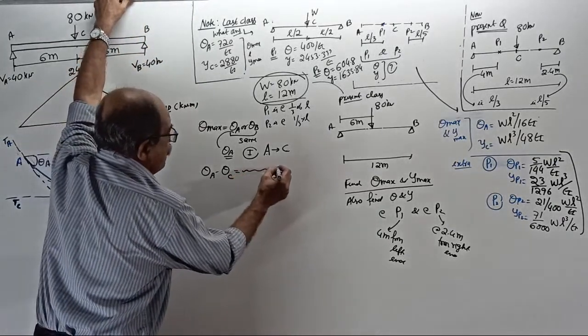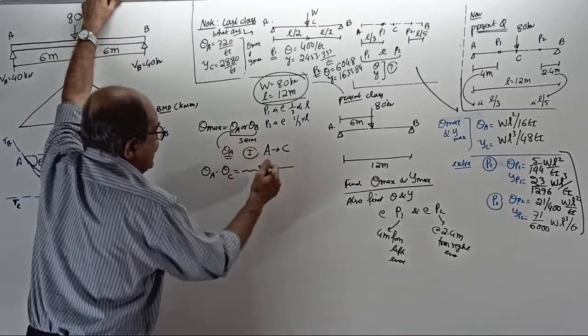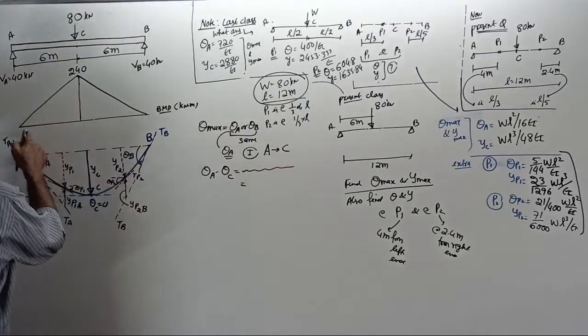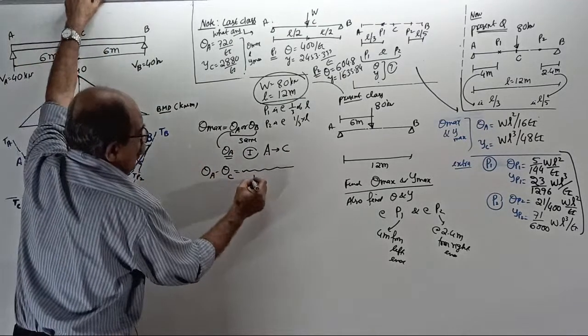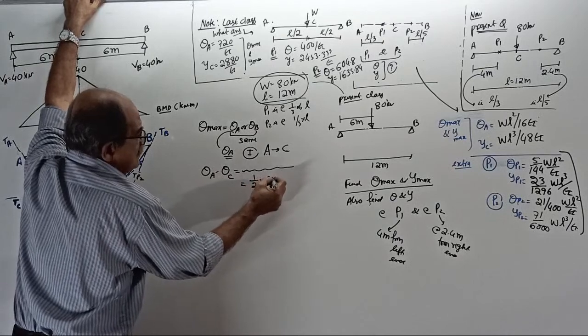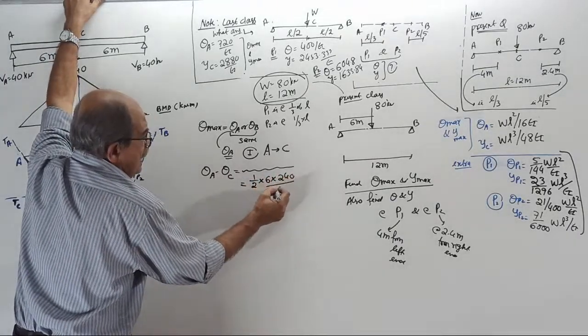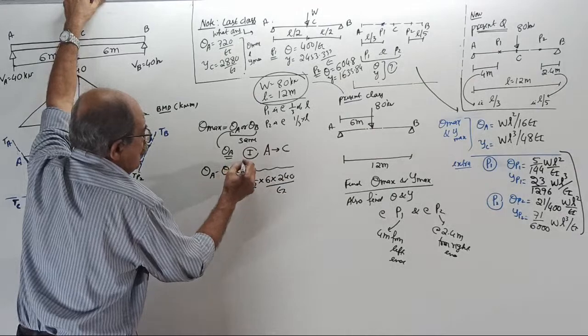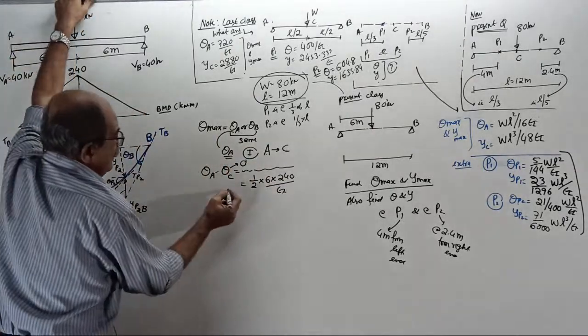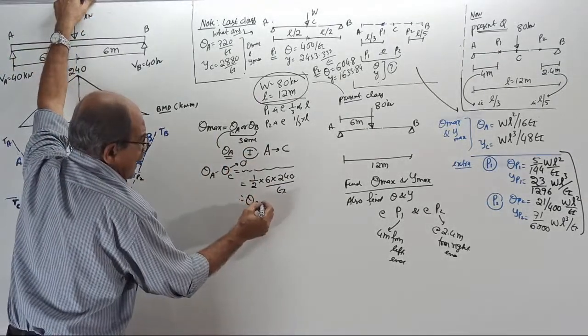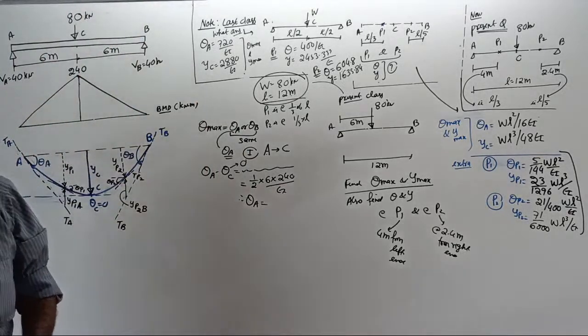Area of the BM by EI diagram between A and C equals a triangle: half into 6 into 240 by EI. Theta C equals 0. Why? Center is 0. Therefore, you get theta A. Answer, fast. Theta A answer.